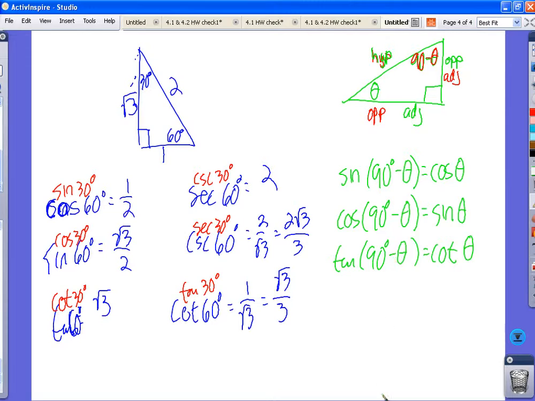There's three of them. There's a total of 6, right? You see? A total of 6. Sine of one is the cosine of the other. The cosine of one is the sine of the other. The cotangent is the tangent. Tangent is the cotangent. The secant is the cosecant. So I won't write all 6 of them down, but they are all 6 of them on page 279.